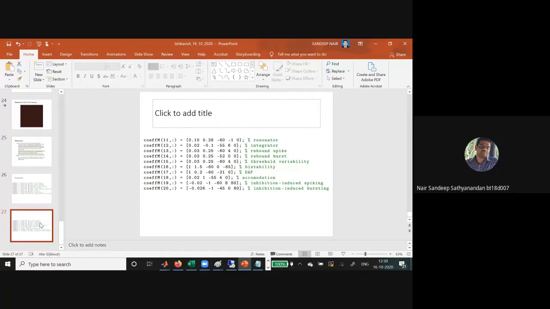Is there any doubt related to this one? Then we can address that. Otherwise, we will look into the Morris-Lecar model. It's fine. Okay, fine. If you are interested in exploring the program further, you can.